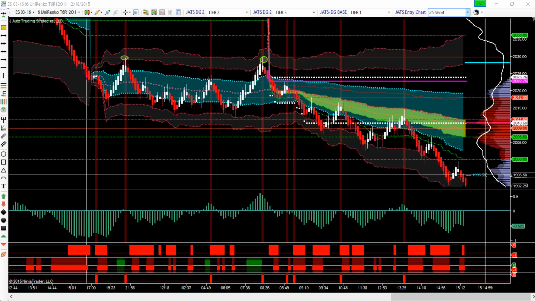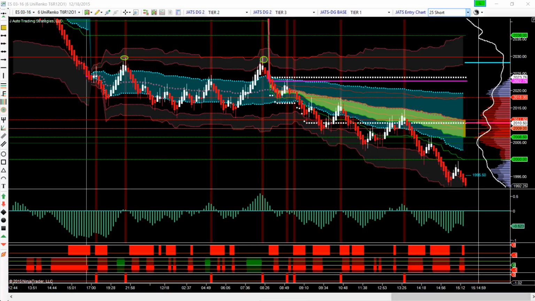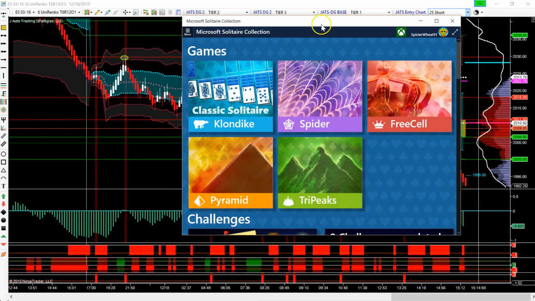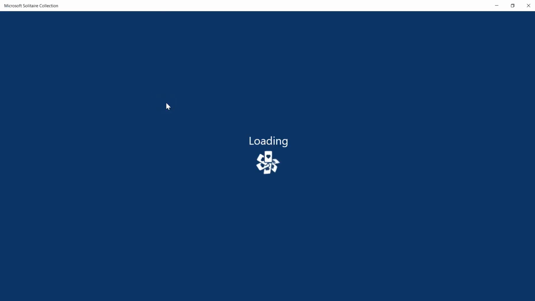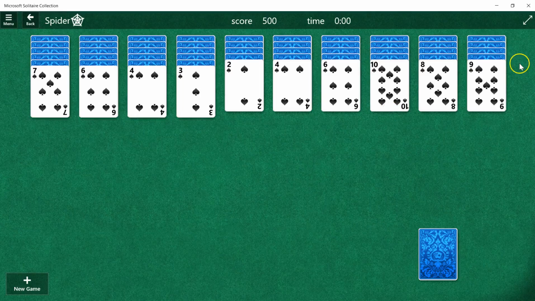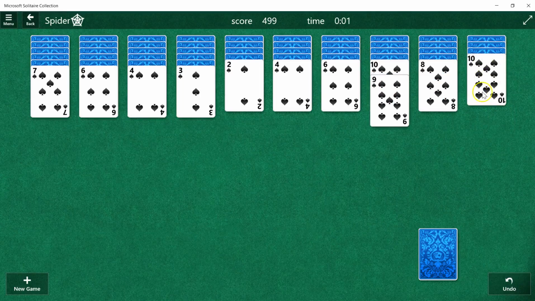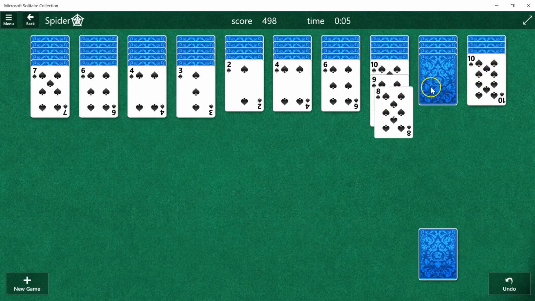And I found that there was a pattern in Spider Solitaire. Y'all are going to laugh at me. But if you play Spider Solitaire, let me show you this pattern. You start from the right column and you empty the right column first, and then you move over to the next one.